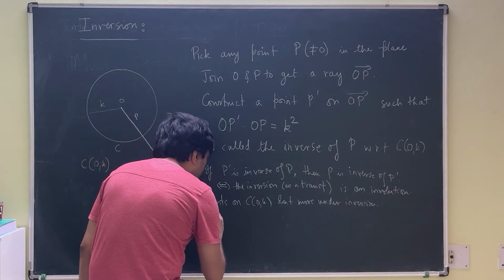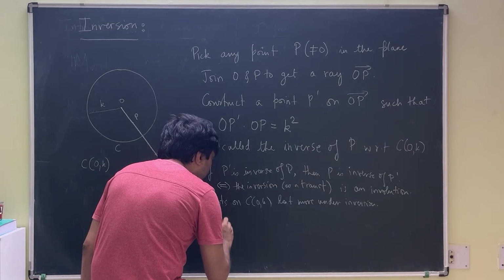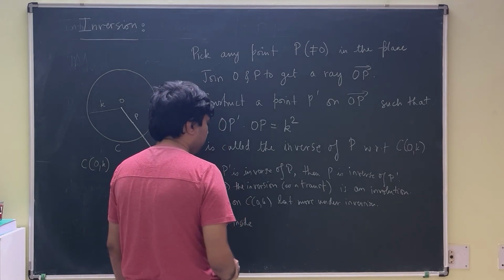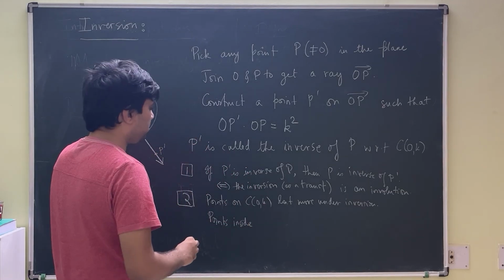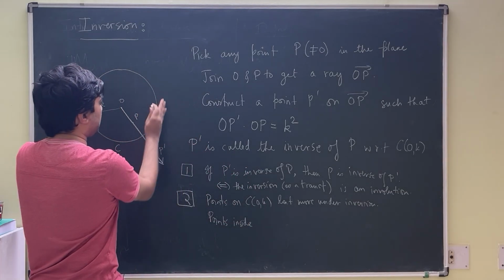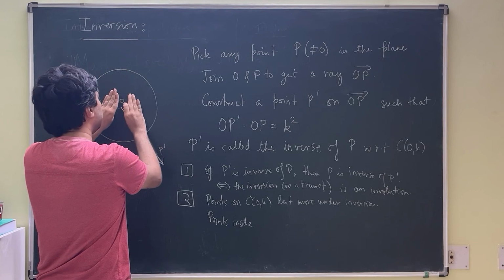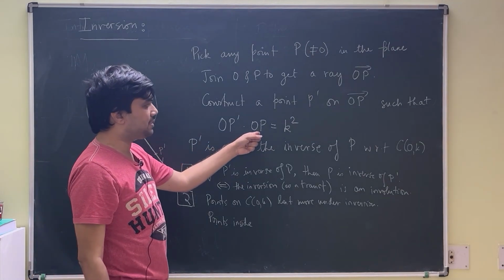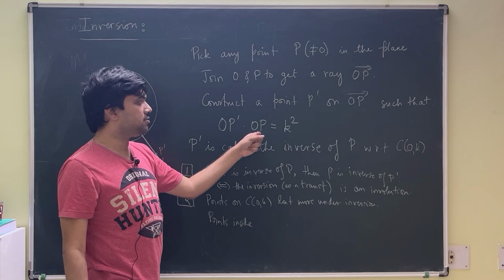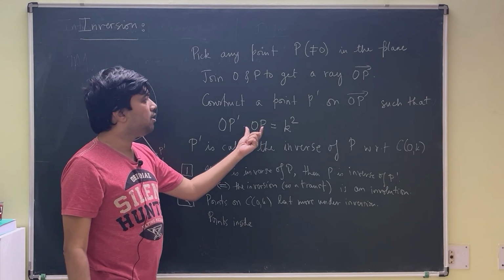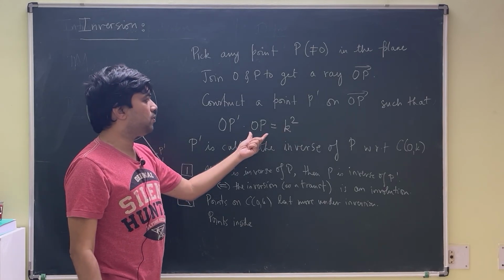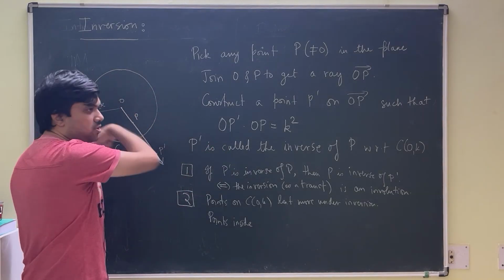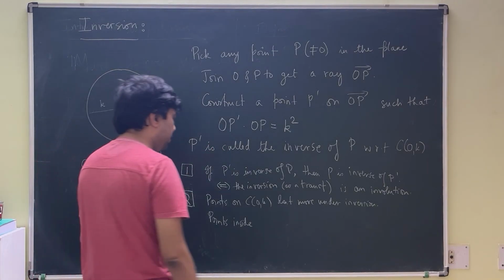On the other hand, consider points inside the circle, meaning in the disk enclosed by the circle. If OP is less than k, meaning point P is inside the circle, and the product OP times OP dash is k square, then OP dash must be bigger than k, which means P dash must be outside the disk.